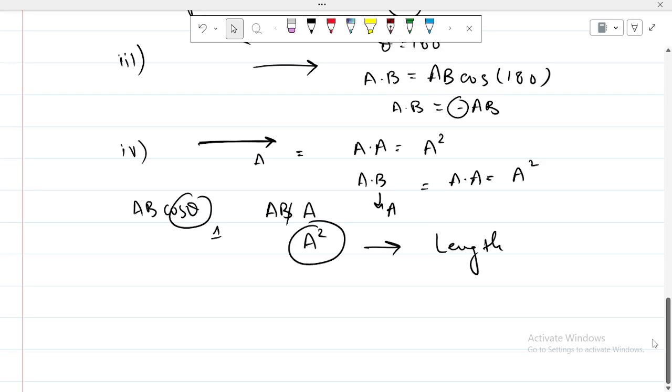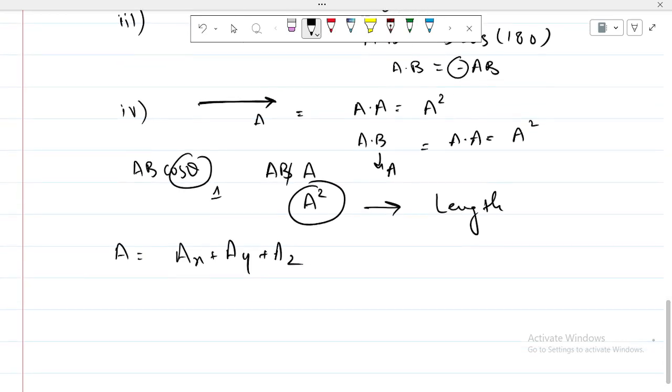We can also write the scalar product in terms of the rectangular coordinates, or the rectangular components, of a vector. So we already know that a vector A is just the sum of its rectangular components, which is ax plus ay plus az.